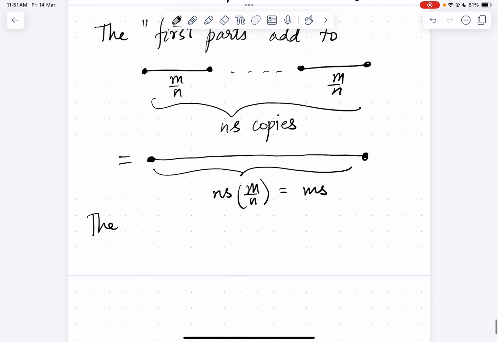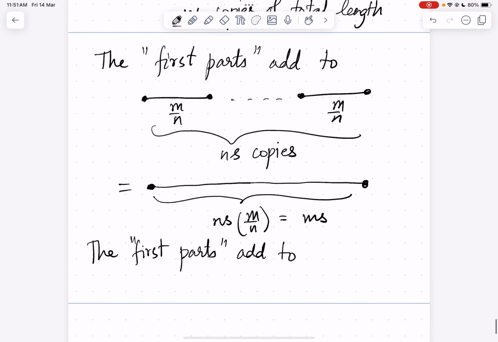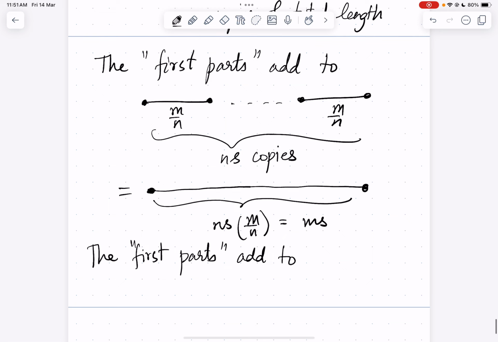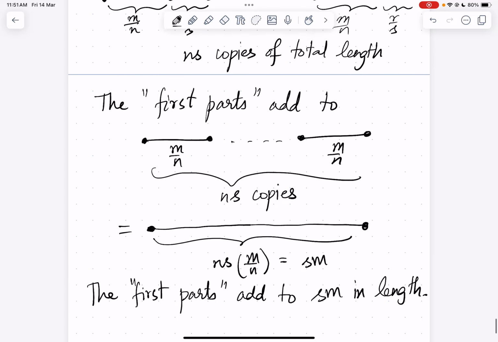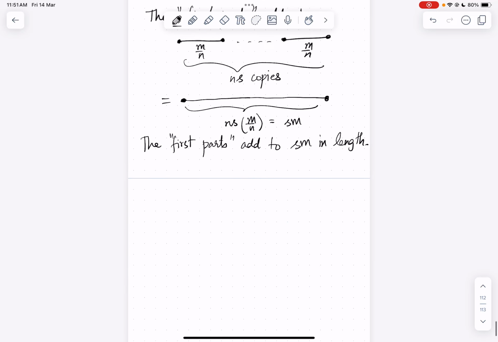So the first parts add to ms in length. Okay. Now similarly the second parts.